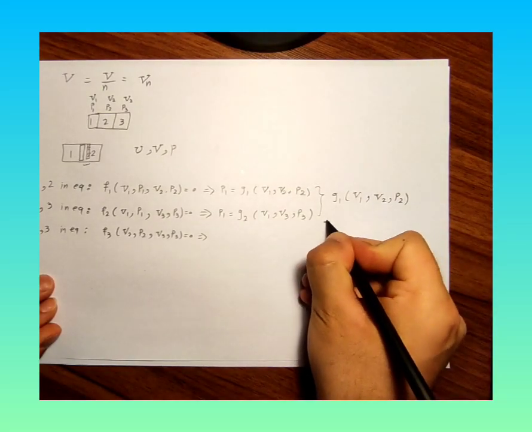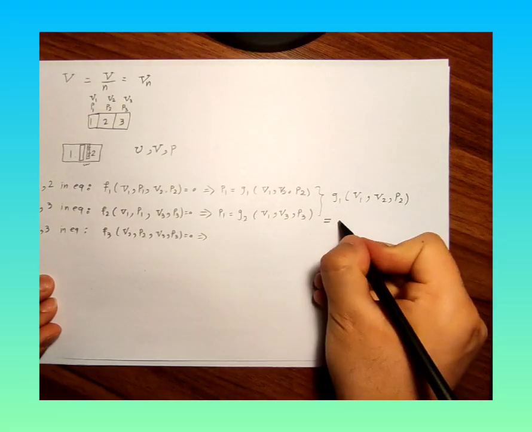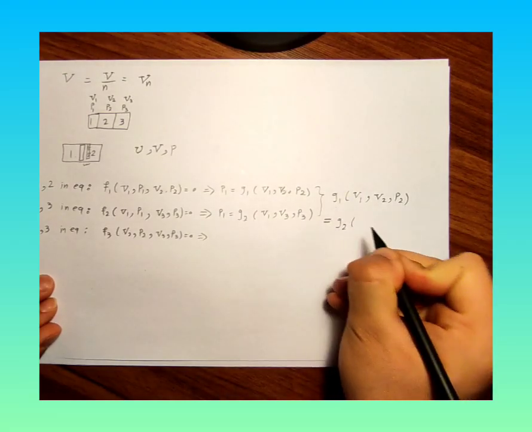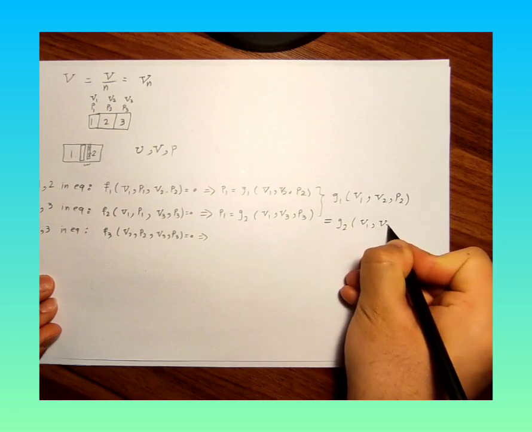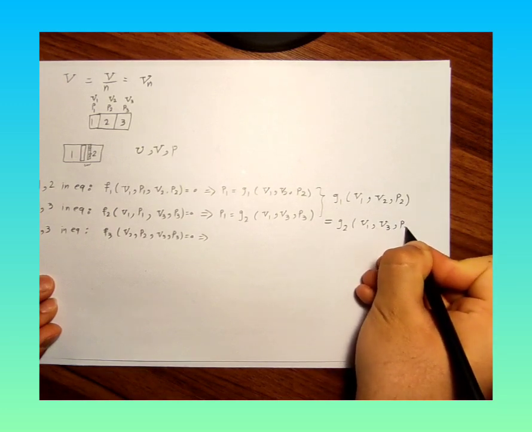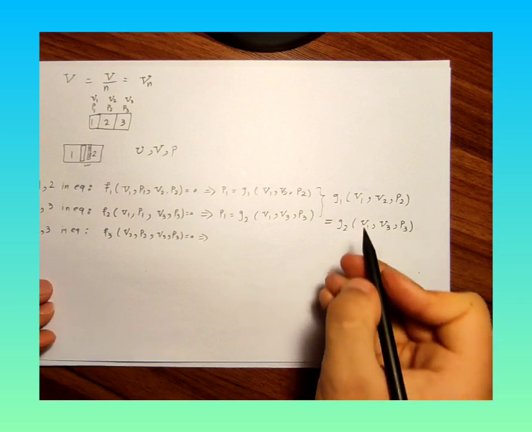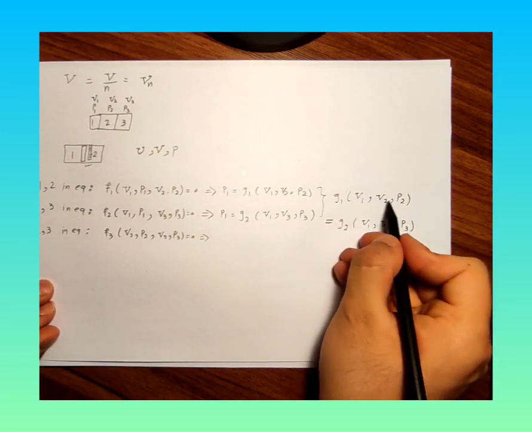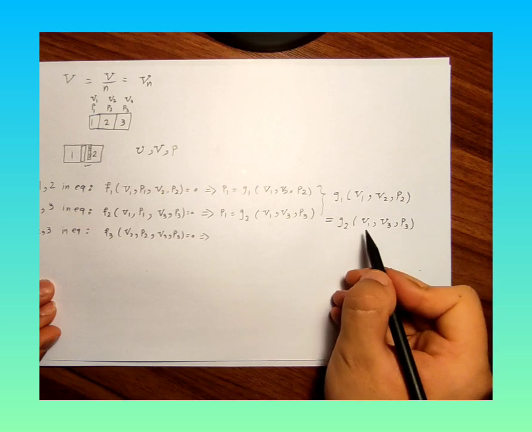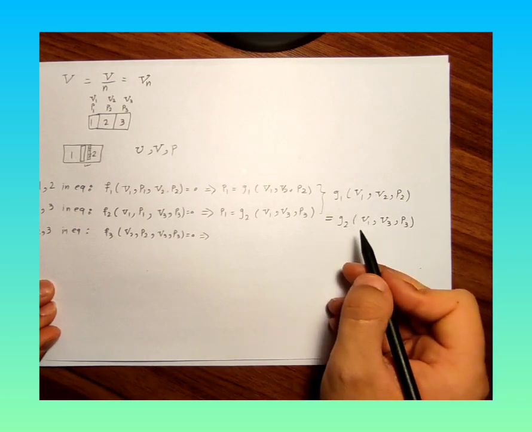And this is equal to another function of V1, V3, and P3. Look here. We have a relation between these and these are equal.